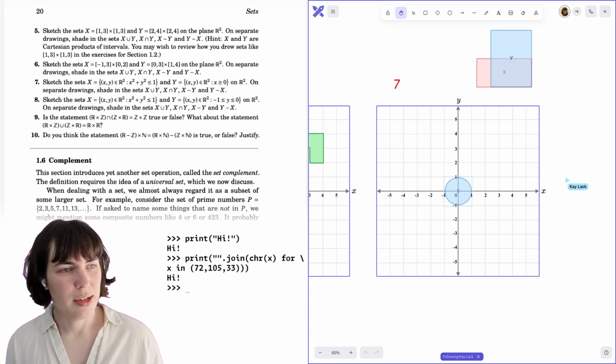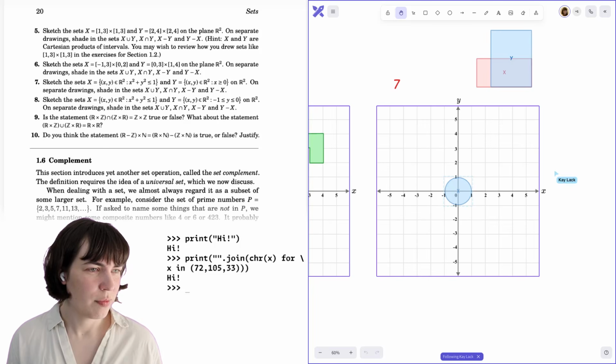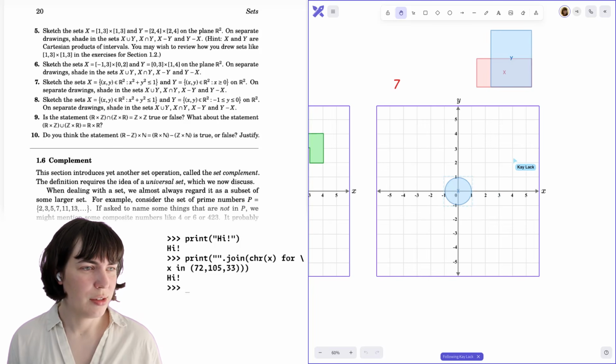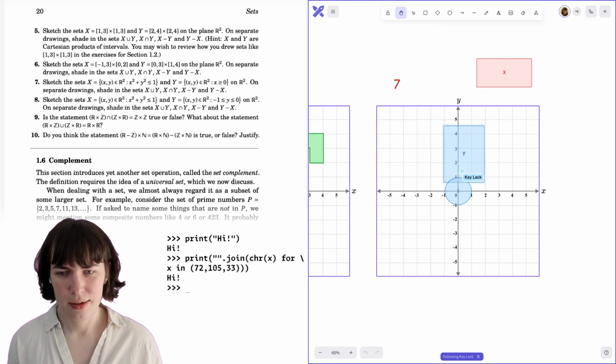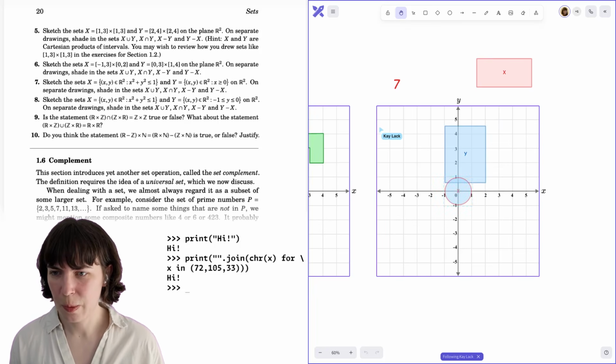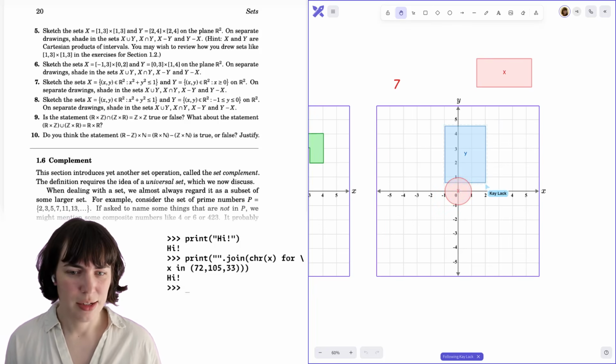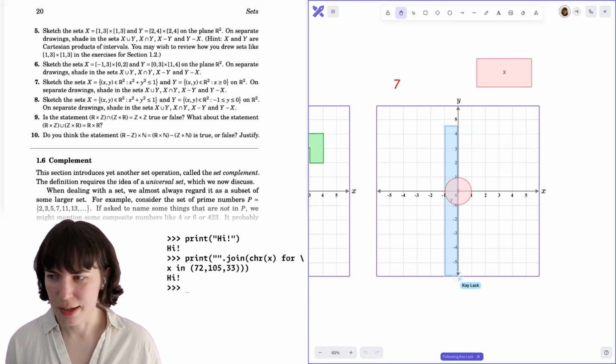And y, which will be all the points where y is greater than or equal to -1, and wait, that should be red. And so basically this is what we're looking for.